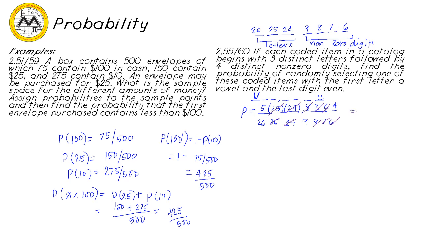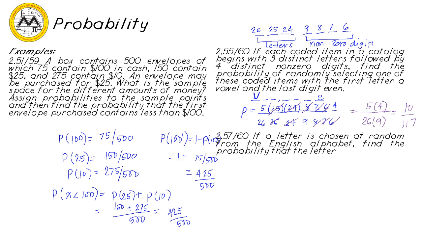So what's left would be 5 times 4 over 26 times 9. So we can simplify this. You can use your calculator. 5 times 4 over 26 times 9. So that is 10 over 117.